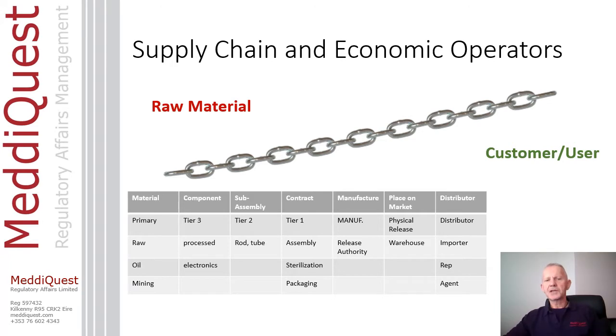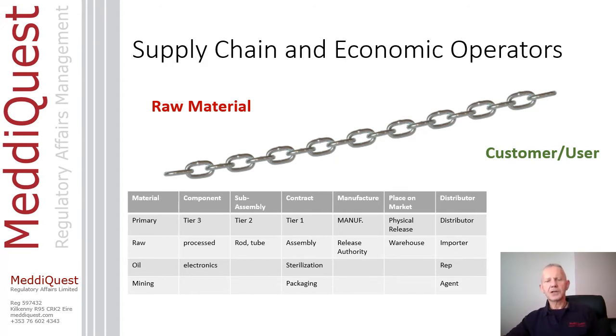Maybe somebody buys that material, makes it into components, somebody else puts those particular components into a sub-assembly, that maybe goes to a contract manufacturer who performs some various special processes, goes on to the manufacturer of the medical device, the person who assembles all the bits and pieces from the various sources together and may continue to place the device on the market, or put it forward to an importer, distributor, representative or agent. And this is very much our conventional supply chain model.